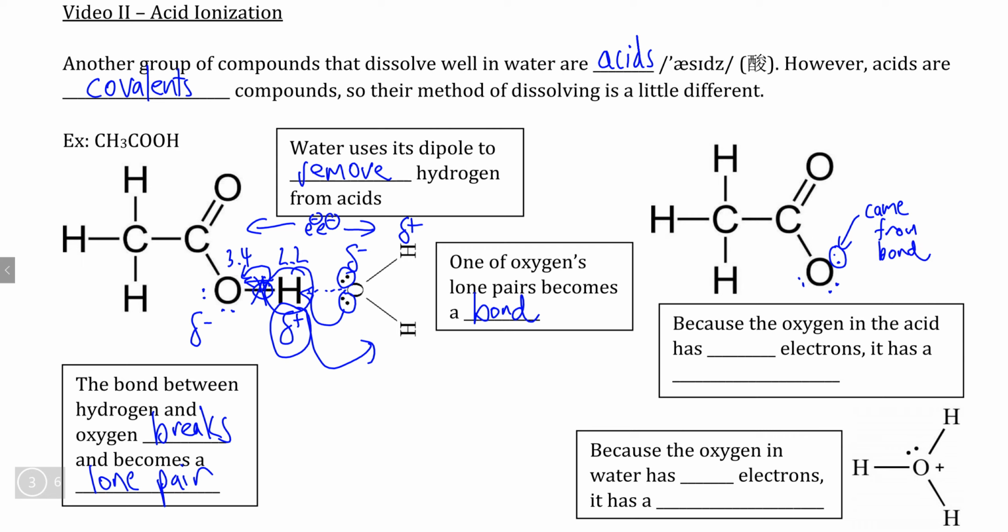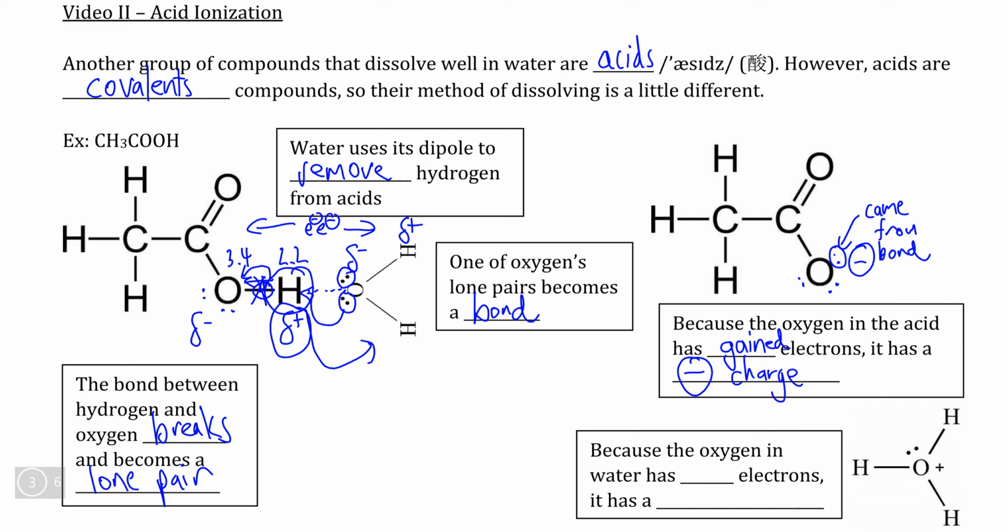If we look at the direction where the electrons move, the electrons are moving from the bond to oxygen, which means that the oxygen in this acid has gained electrons, so this oxygen is now going to have a full negative charge.